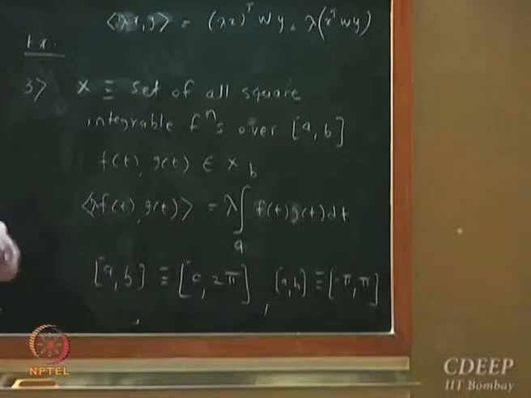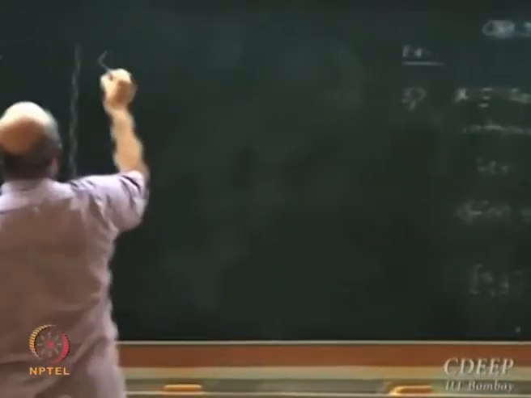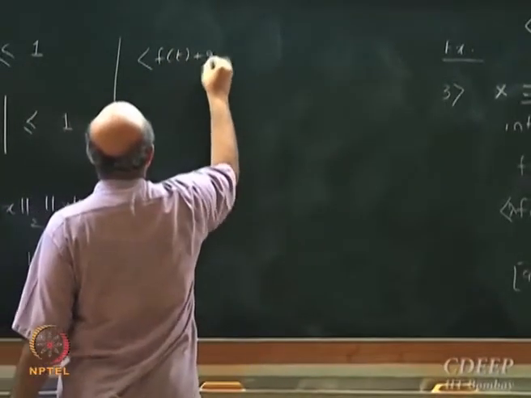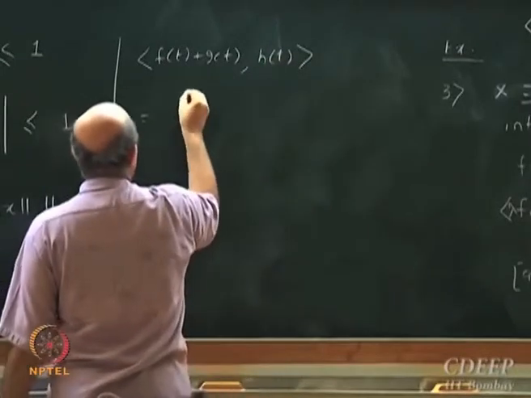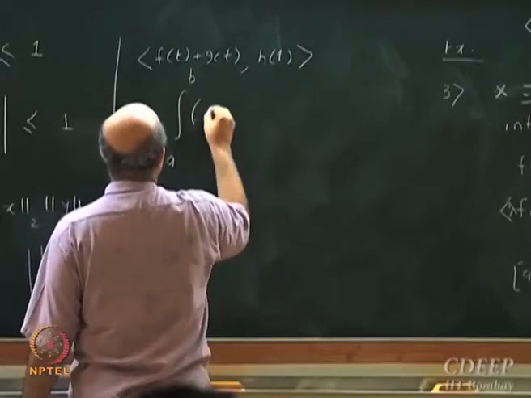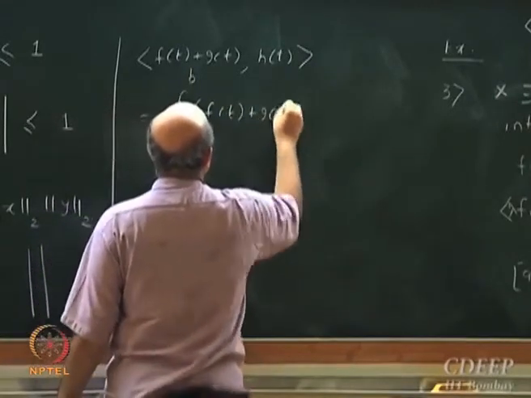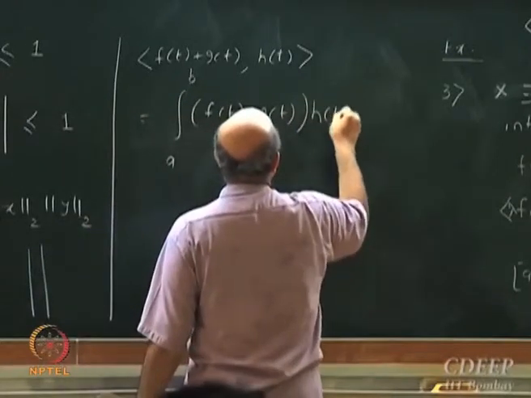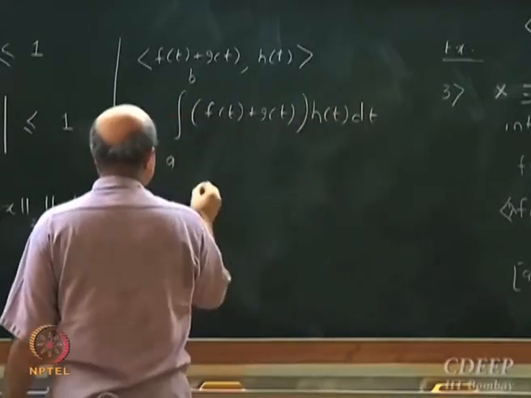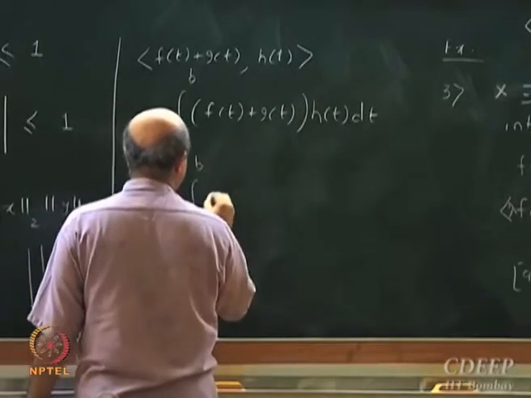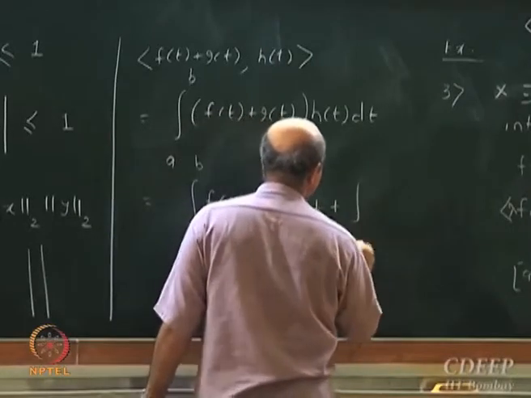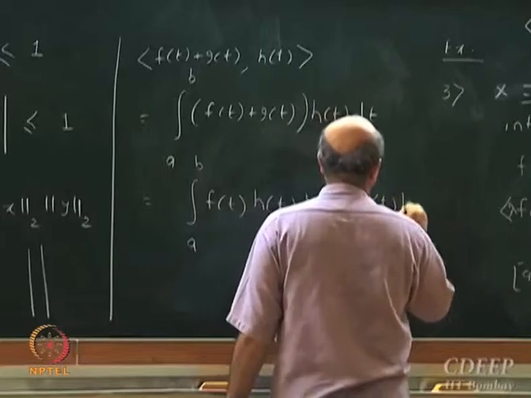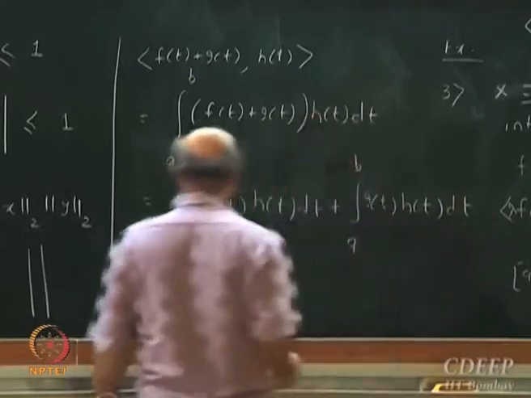The third property: if I take f(t) plus g(t) inner product with h(t), this will be the integral from a to b of f(t) plus g(t) times h(t), which is the same as the integral from a to b of f(t) h(t) plus the integral of g(t) h(t).